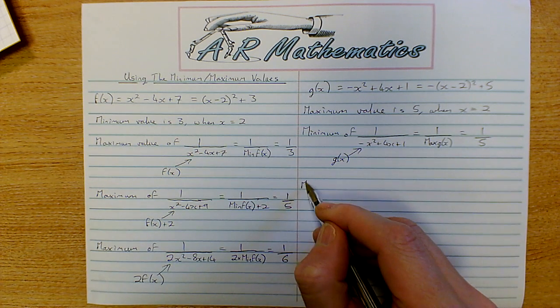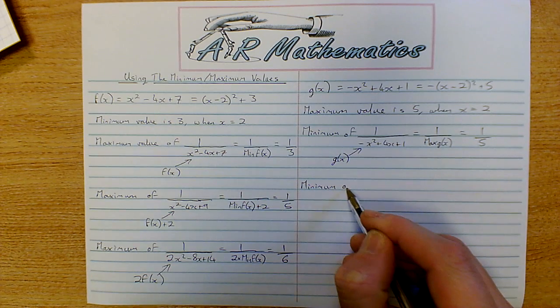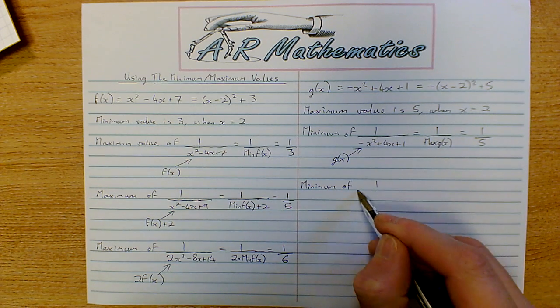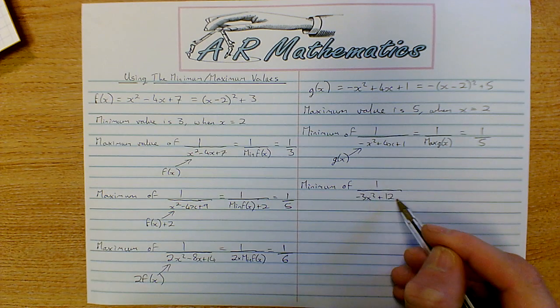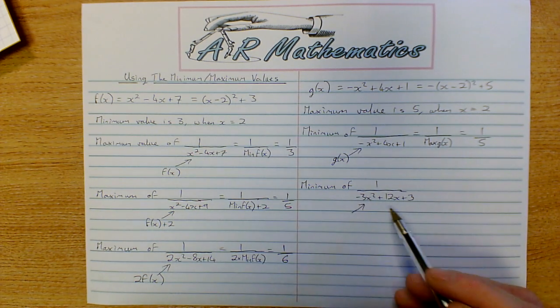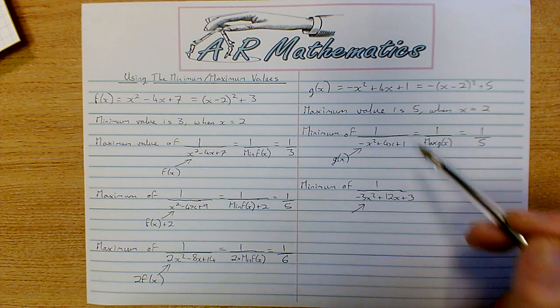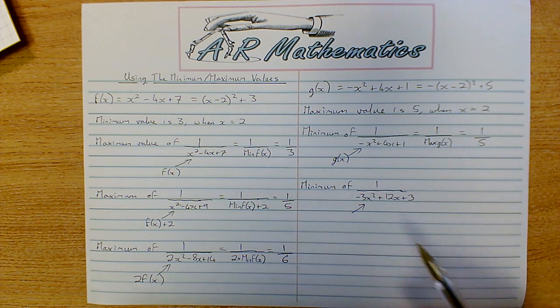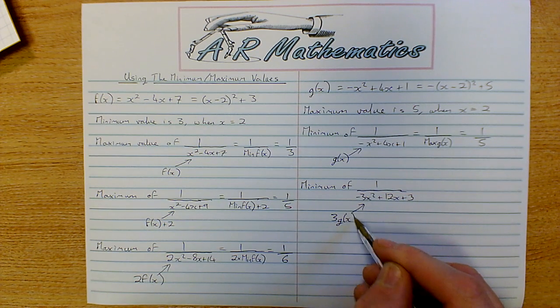If, say, I wanted to find the minimum of 1 over minus 3x squared plus 12x plus 3, here I compare this to my original function g of x, and you've got 3 times as many x squareds, 3 times as many x's, and 3 times as many units, so this is 3 lots of my original function.